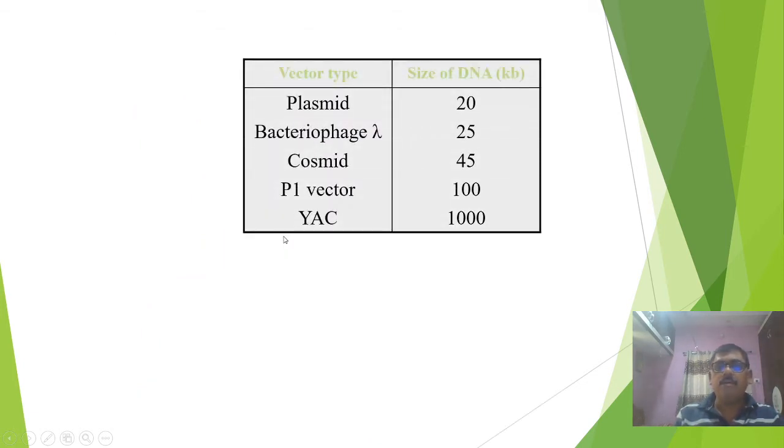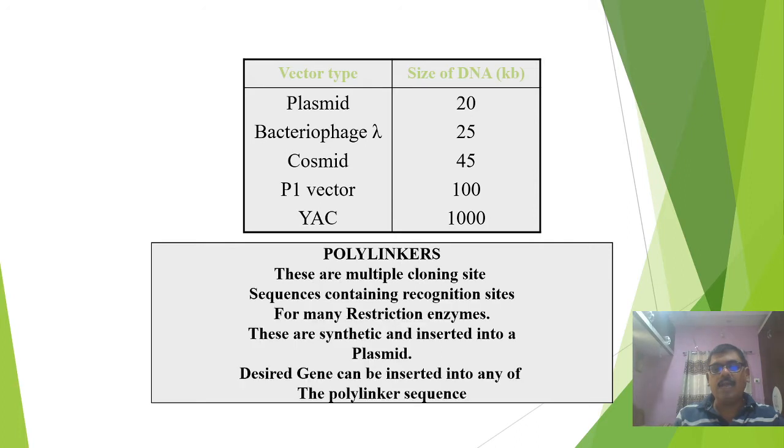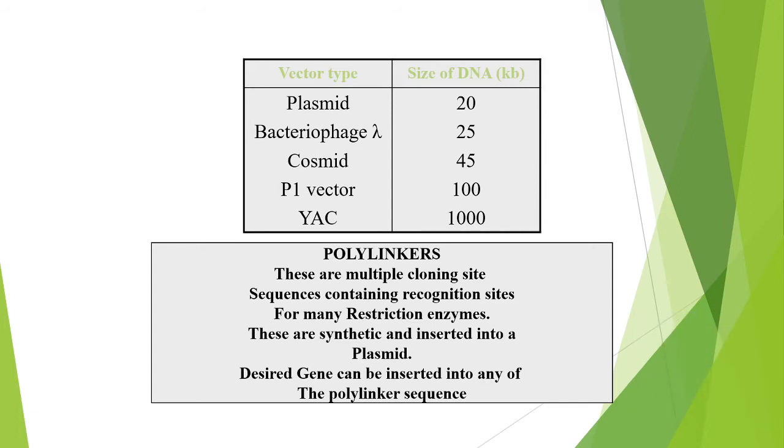Then the size, we have just discussed the size of the DNA you have to use for this purpose. Then there are certain molecules that we call polylinkers, and these are multiple cloning sequences containing recognition sites for many restriction enzymes, and these are synthetic and inserted into the plasmid.